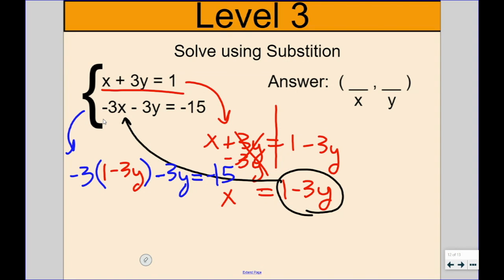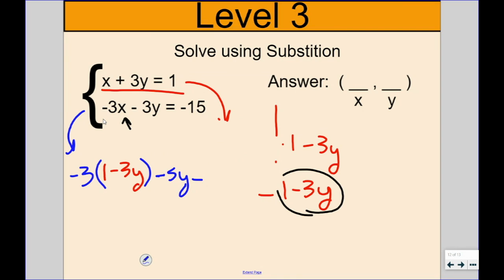Oh, I've got too much on here. Let me erase some of this. Okay, so I'm writing this equation that's here, and I'm just writing it down here. I have our negative 3 times x. We decided what x was, and minus 3y.